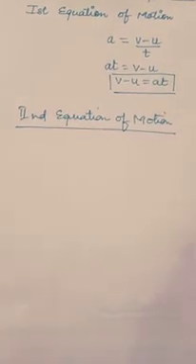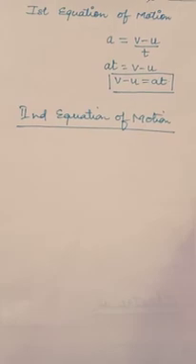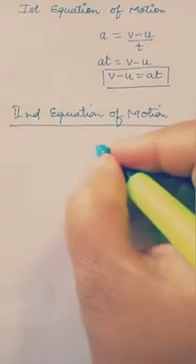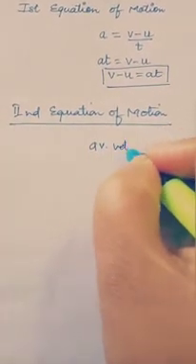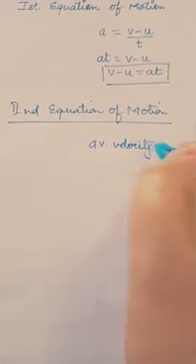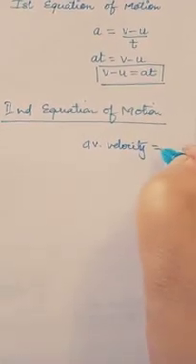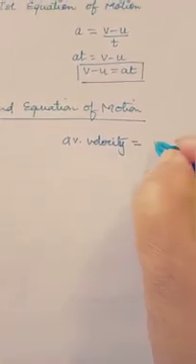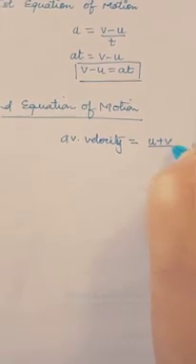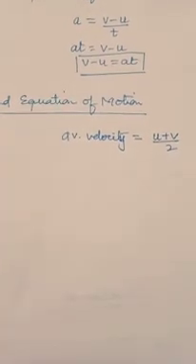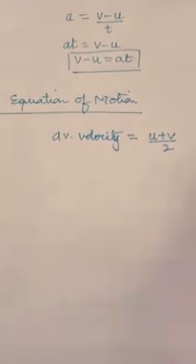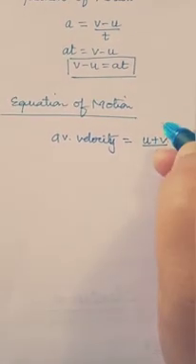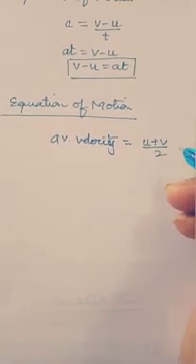Then the average velocity for that particular object will be equal to, what was the formula for average velocity? It was given as u plus v over 2. Initial velocity plus final velocity divided by 2.